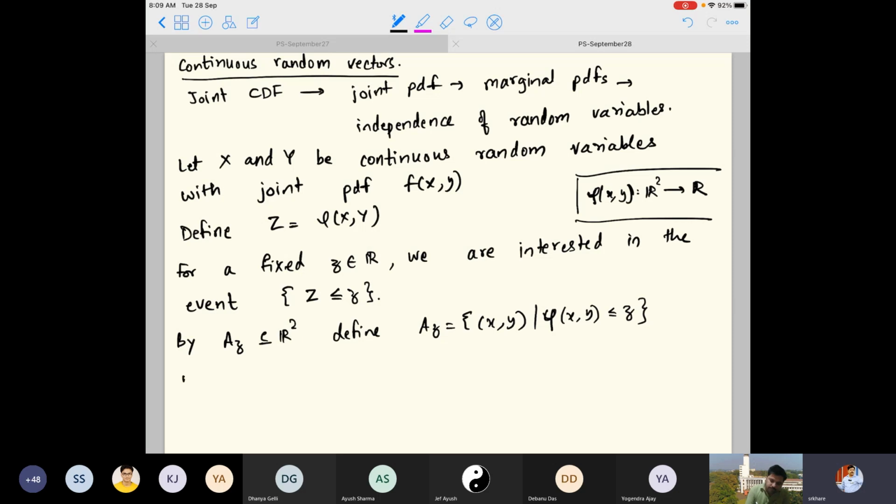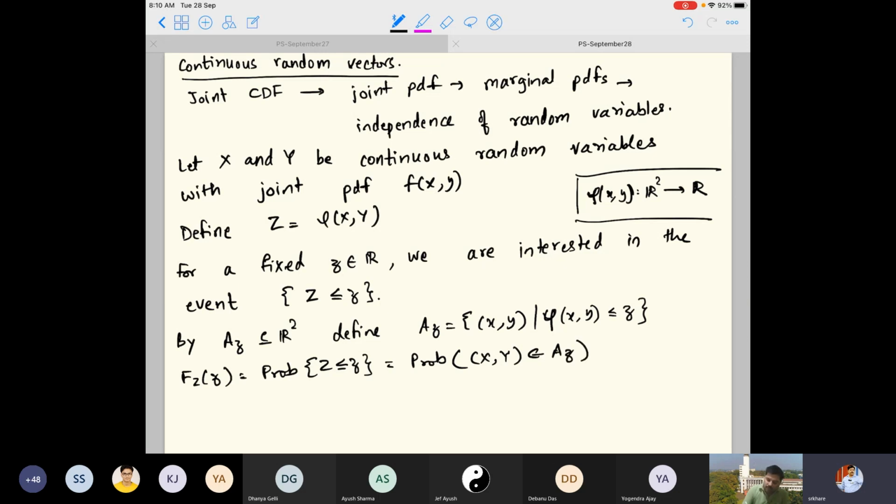So this F_Z(z), which is nothing but the probability of this particular event that we are interested in, Z less than or equal to z, is basically the same as saying the probability that this random vector XY belongs to this particular set AZ.